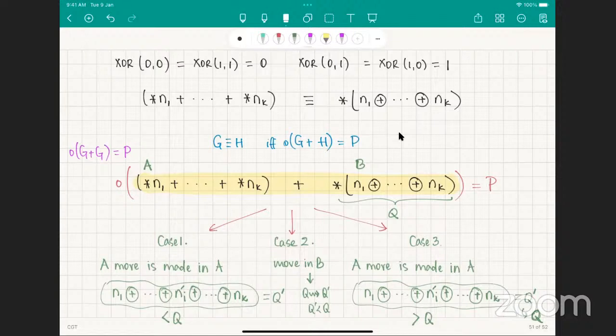So that's at least a template for how you might argue that if you're looking at a combination of these nim heaps, N1 through Nk, then the label associated with them is the XOR sum of the Ni's. And this is nice because it saves us the trouble of generating all the children.